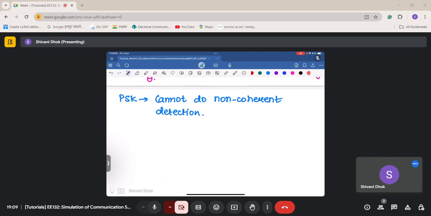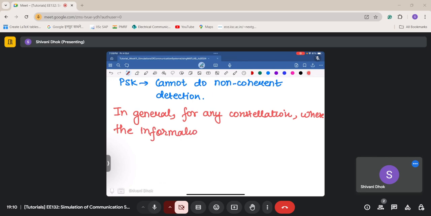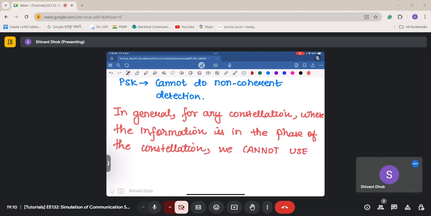And not only PSK, in general, for any constellation where the information is in the phase of the constellation, we cannot use non-coherent detection.